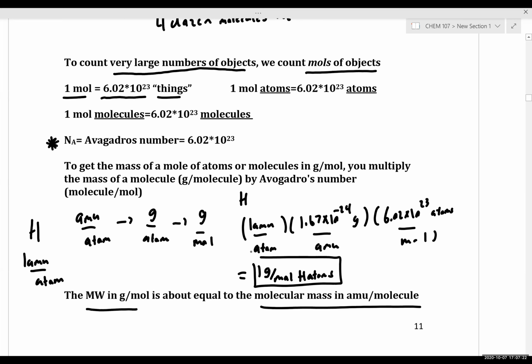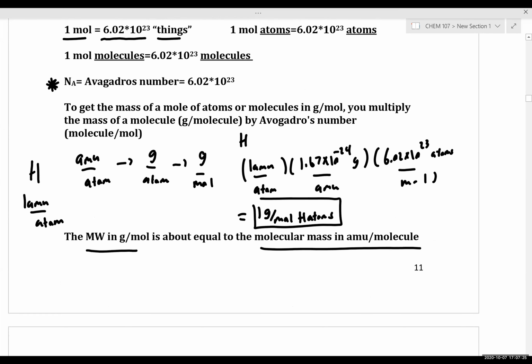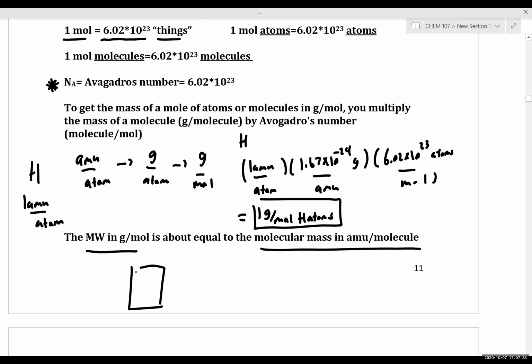So the main thing that I want you to take away from this is that reading the periodic table, when you see something like hydrogen or any other element in the periodic table, you can read your average atomic mass in gram per mole or AMU per atom, with the units of gram per mole being far more common and useful in chemistry calculations, because we naturally handle materials on the scale of grams.